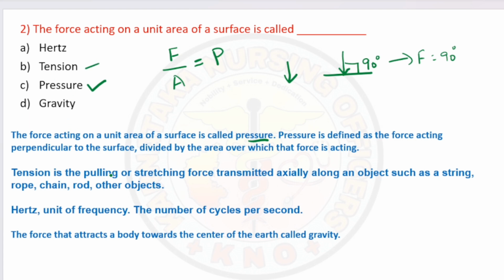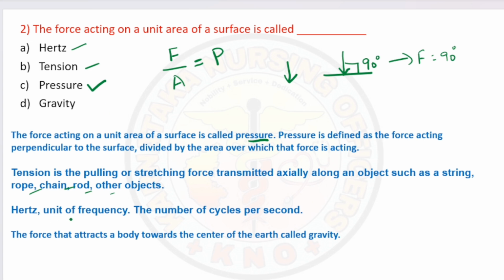Tension is the pulling or stretching force that is transmitted axially along an object such as string, rope, chain, rod and other objects. So tension is nothing but it is also a force. Then what is hertz?